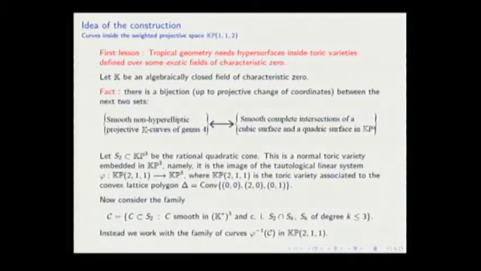So next we want to consider sections of this embedding of this toric variety inside P3. But we can use this linear system to take the curves. Instead of working in the space, we can work in the toric variety.